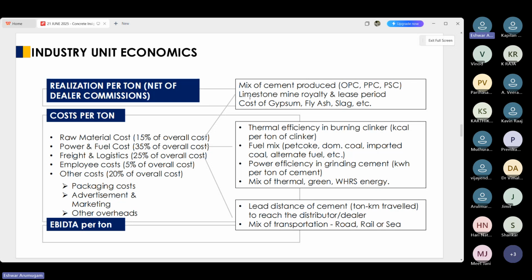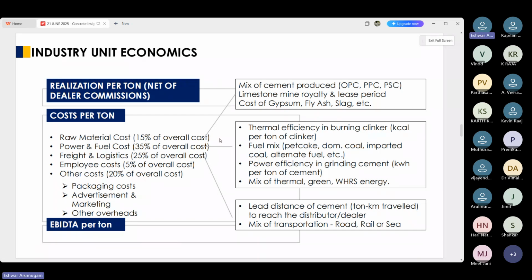Different states have different mining royalty, and different companies have different lease expiries of their limestone mines. That also plays a huge role in how much your raw material cost is. If you remember, recently Tamil Nadu hiked the mining royalty for limestone, and a lot of Tamil Nadu-based cement mills had to bear the brunt of it.